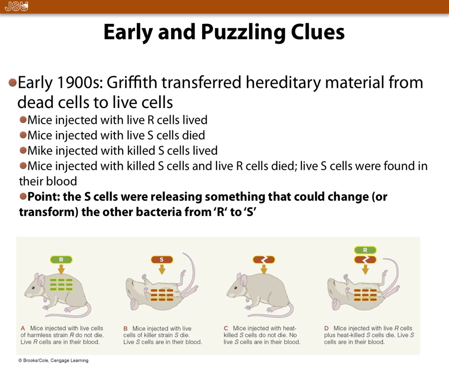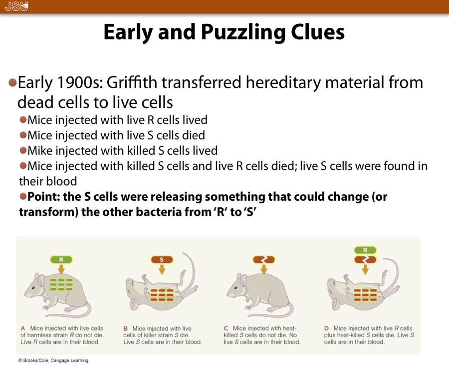So what he did was put the rough bacteria, which in panel A is fine. That rough bacteria is non-pathogenic, not harmful. But then he mixed it with the remnants of the smooth bacterium. Okay? When he put rough bacteria in, the mouse lived.